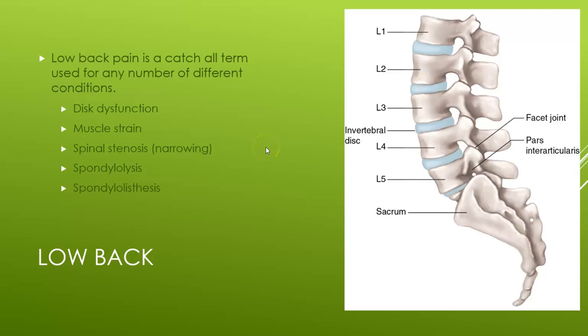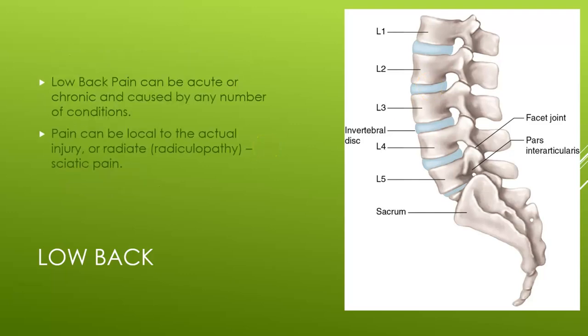So if we look at this, when you have low back pain, it can be acute or chronic. It can be caused by any number of different conditions, and it can be local to the actual injury itself in the spinal column, or it could radiate to other areas, like down the leg.